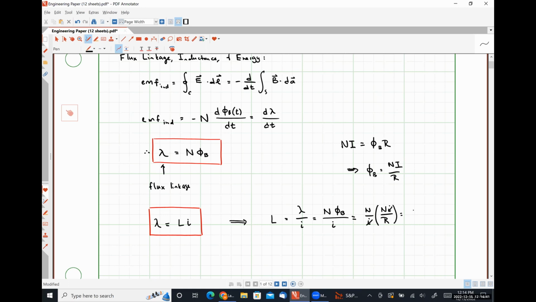The i's cancel each other out, and we have N squared divided by the reluctance.